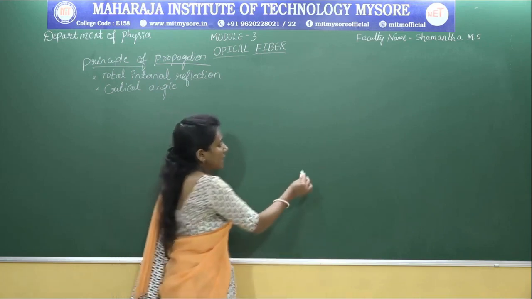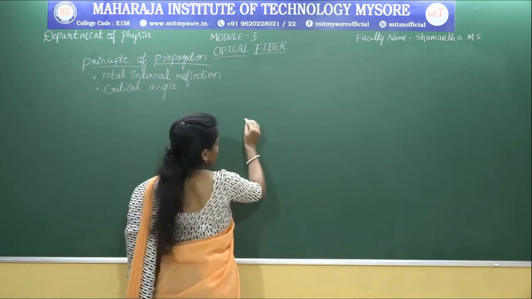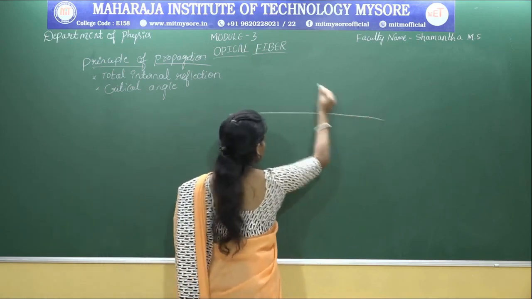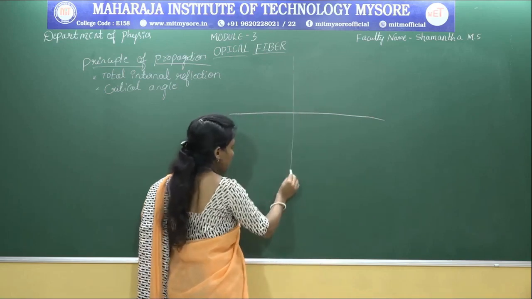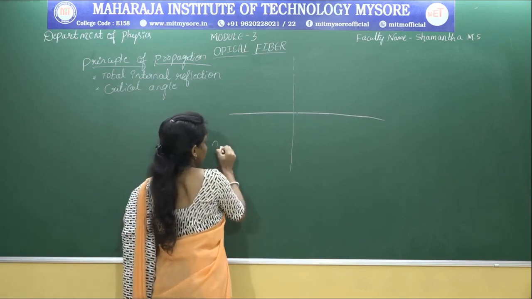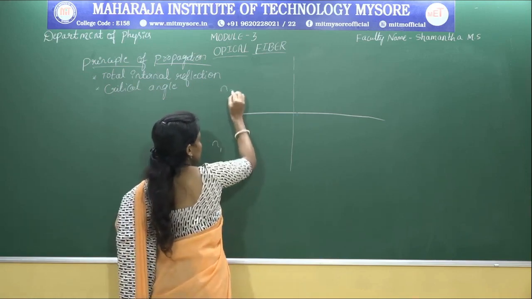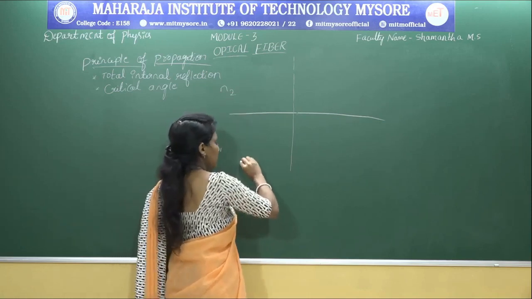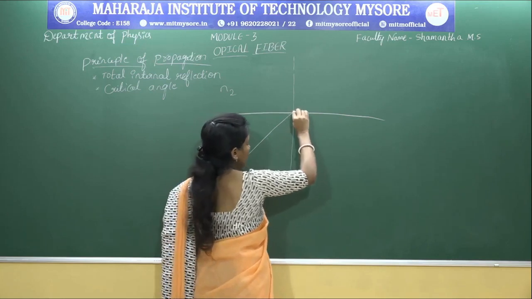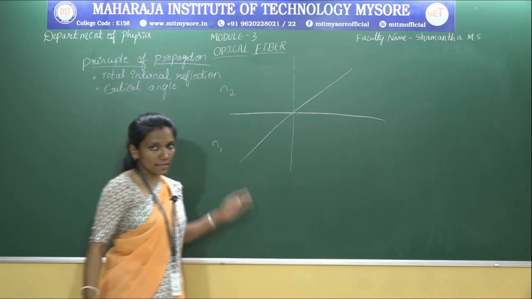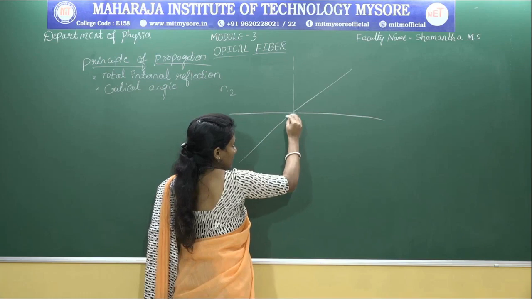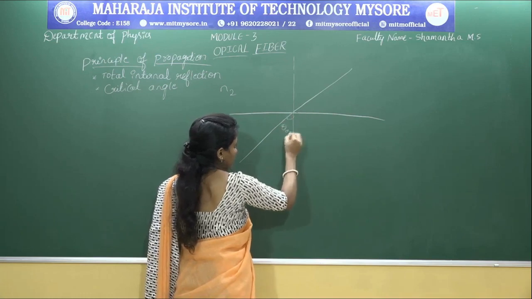So when a ray of light travels, this is the normal drawn. This is the rarer medium and this is the denser medium. When a ray of light travels from the rarer medium to the denser medium, first it will get refracted. This is the angle of incidence and the angle of refraction.